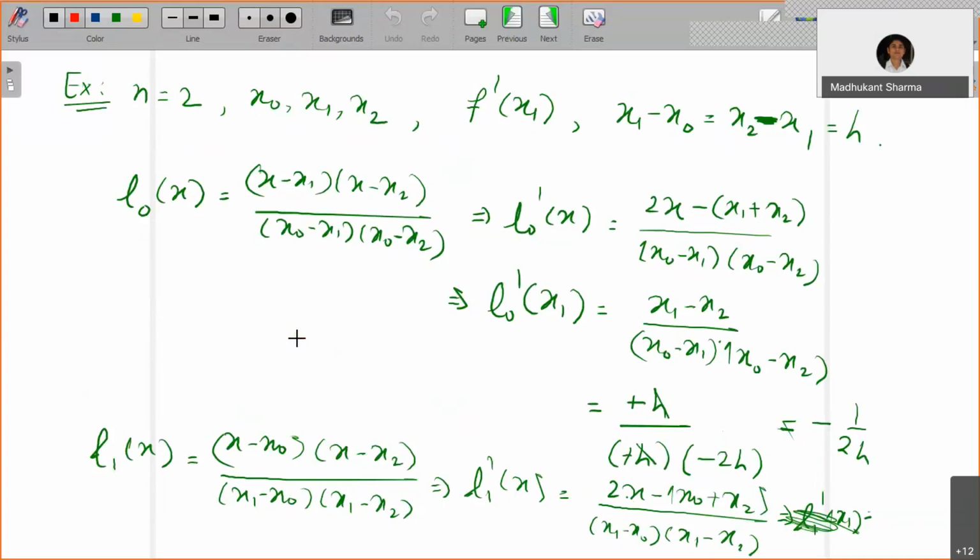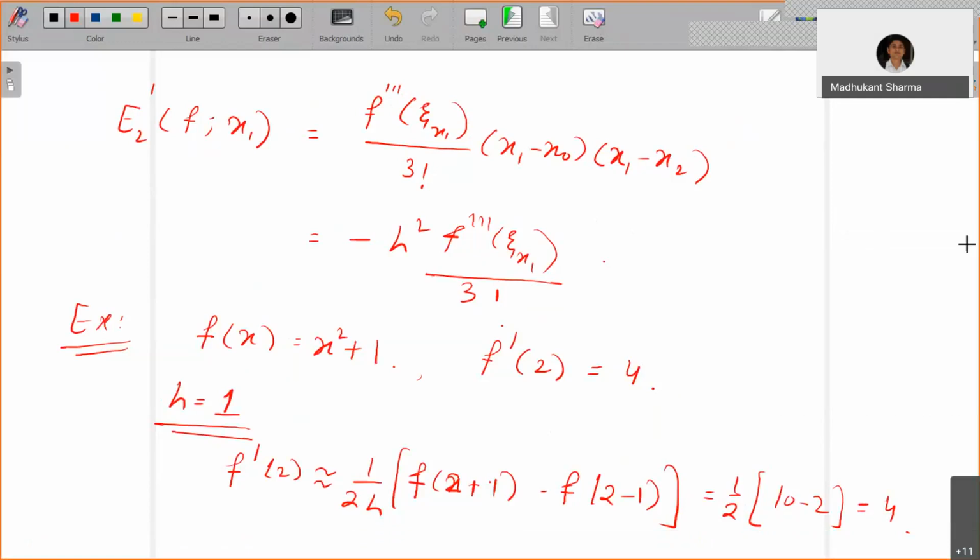If you wish to go for cubic Hermite interpolation, you require a good approximation for the derivative values. So that also you can approximate here by using this technique. Okay, right.